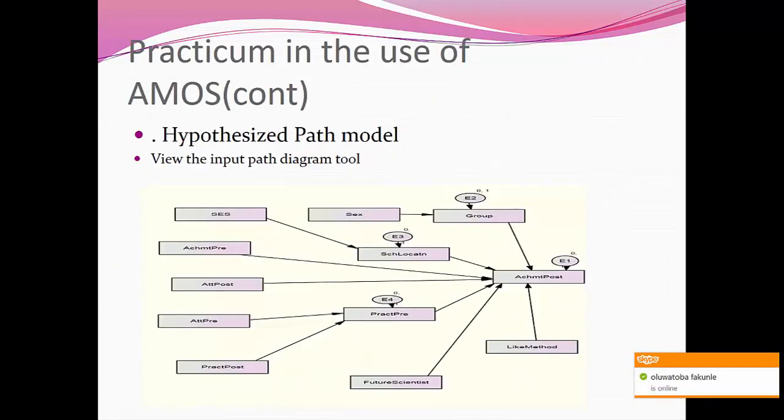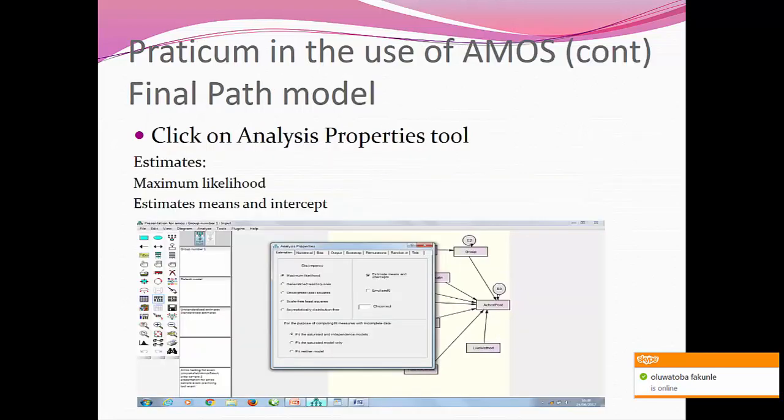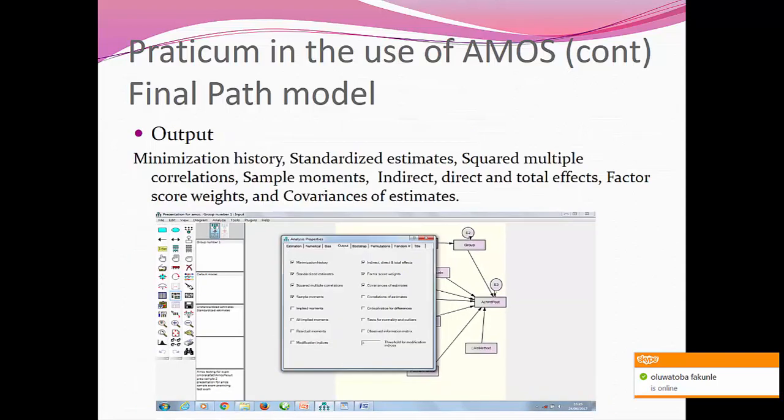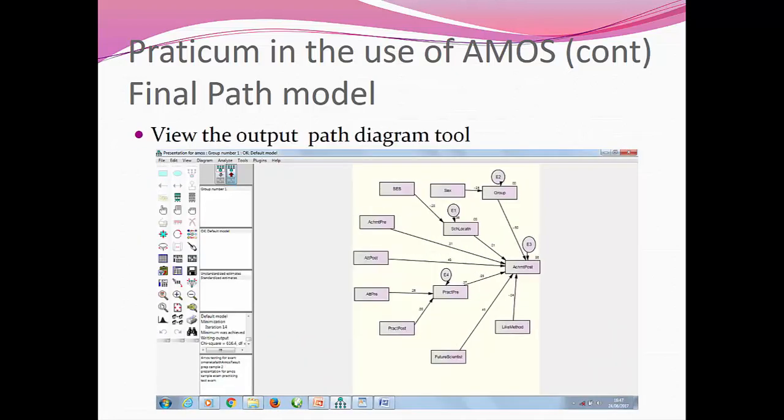Click on Analysis Properties. Then on slide 23, you do the next step, which is Calculate Estimates. This will bring a dialog box whereby you have to proceed with the analysis. Slide 24 gives us our final path model, and you get this by using the output path diagram tool.